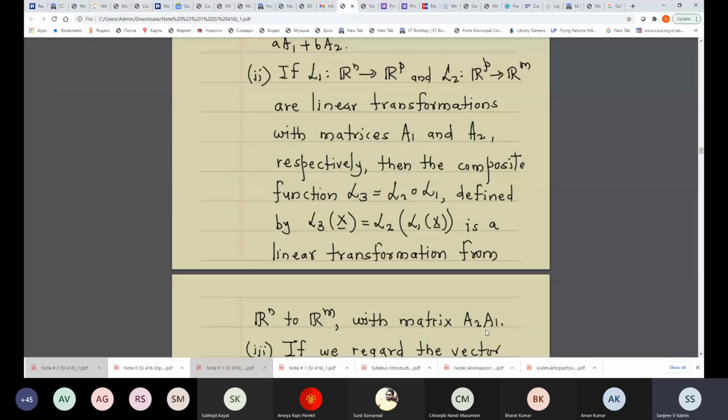This being a linear transformation, there would correspond a matrix, and that matrix is given by A2 times A1.